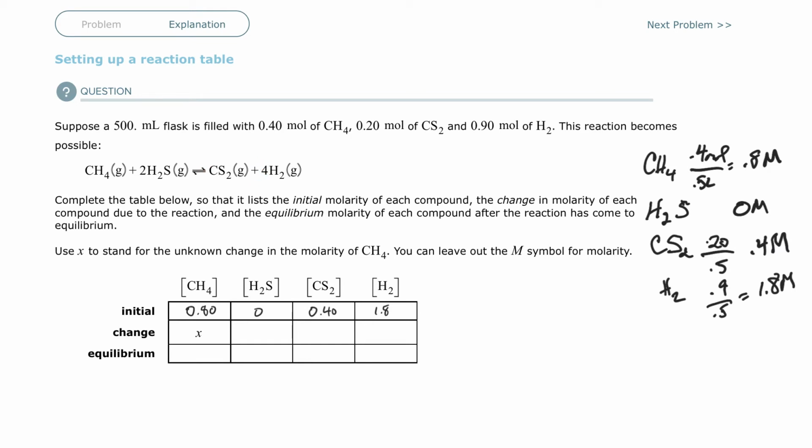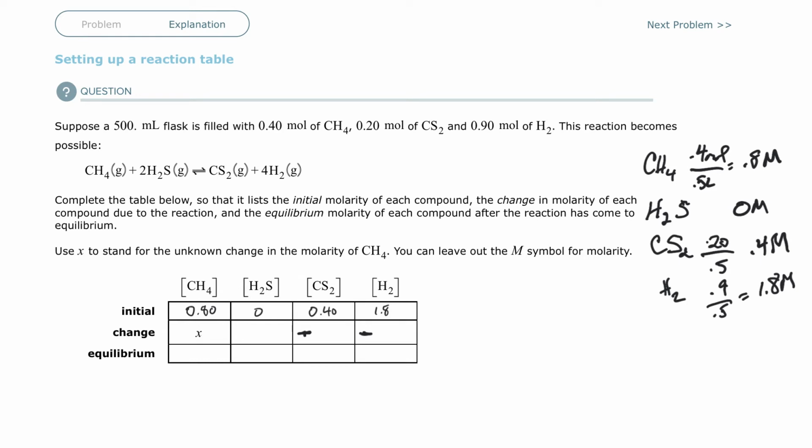So if x is here, then first of all, it's showing you that this side is going to be positive and this side will be negative. So this one will be negative, this one will be negative, on this particular table.